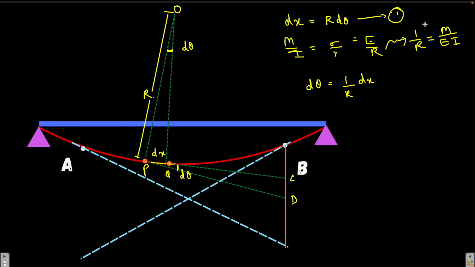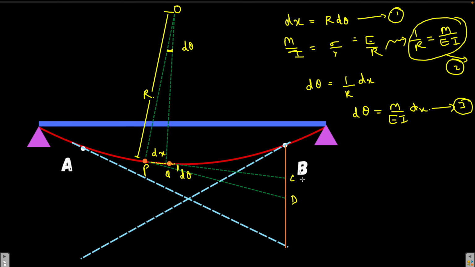I'll name this equation number 2. Now I'll put equation number 2 in equation number 1. That is, instead of 1 by R, I'll write M by EI. So we can write d theta as M by EI dx. Let this be equation number 3.